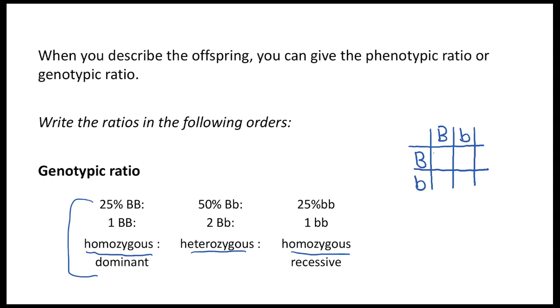So the offspring here would be capital B, so that would be black, capital B, lowercase b, again black, capital B, lowercase b, again keeping the capital always first, black, and then little b would be white. So we can see that 25%, so 1 out of 4 is big B, 50% are the heterozygous, so the mix of the big and little b, and then 25% are little b.